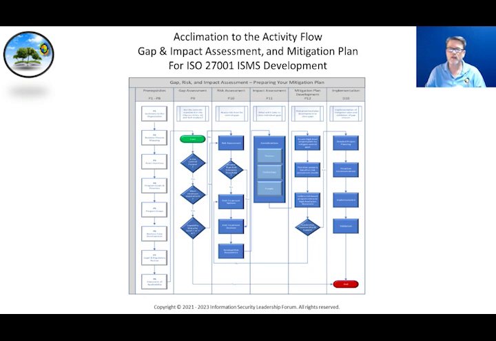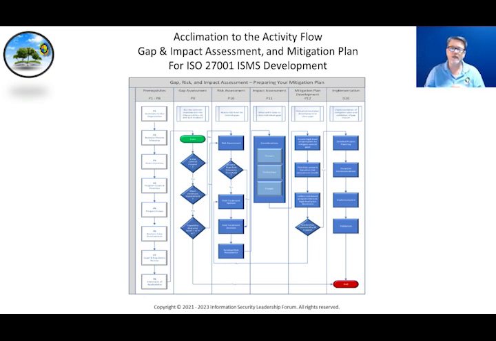And once the gap assessment has been performed, that's when you start to look at the impact of what that's going to take. We do a risk assessment, and then we do the impact assessment from a people, process, and technology perspective. And from there, we move that data over to understand how it fits together.